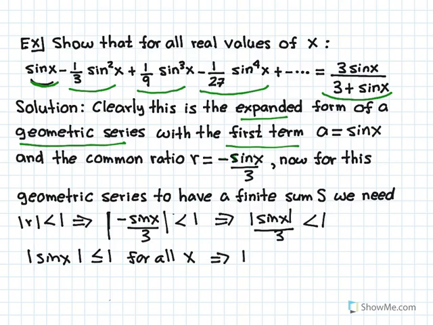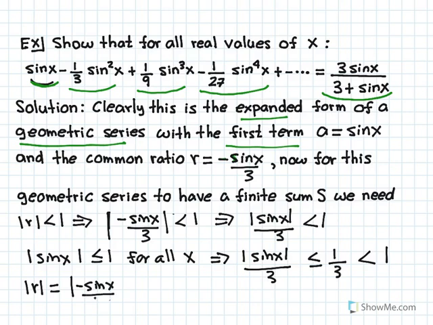That means that the absolute value of sine x divided by 3 is less than or equal to 1/3 for all values of x, which is of course less than 1. That means the common ratio, which is equal to the absolute value of minus sine x divided by 3, is less than 1 for all values of x.